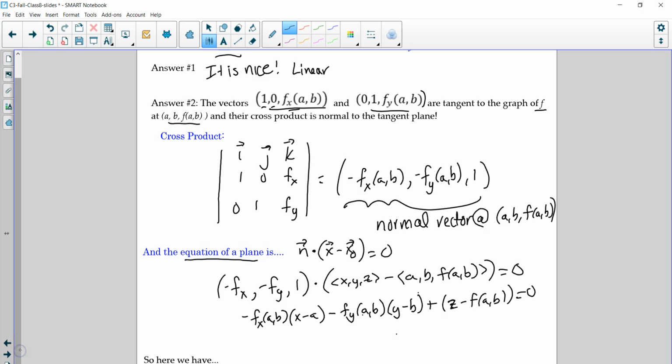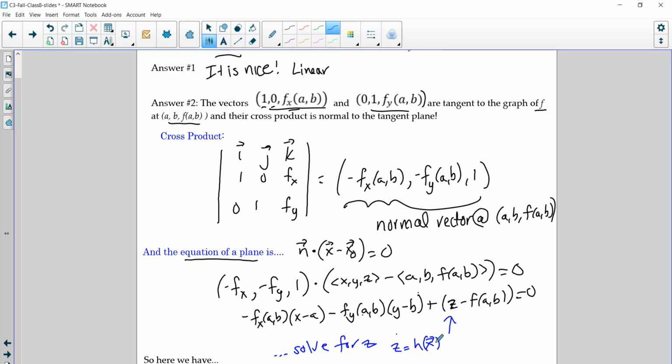And coincidentally, if you happen to solve for z, you get h. So if you solve for z, you get z is equal to that equation that we had for h of x, for our tangent plane, or for the plane that we saw before.